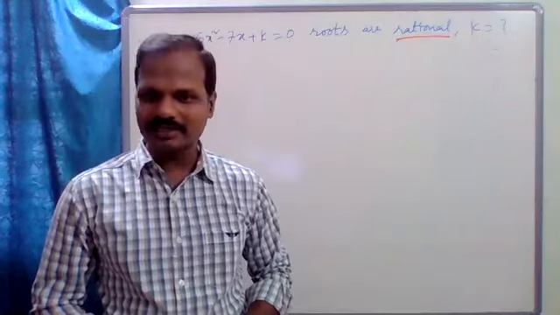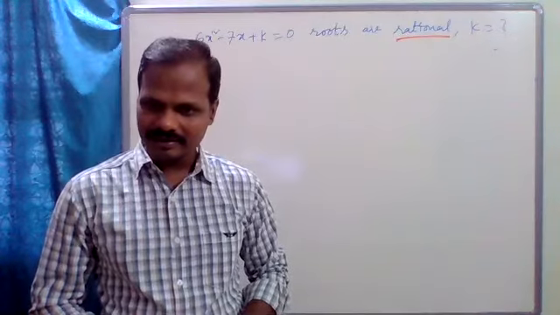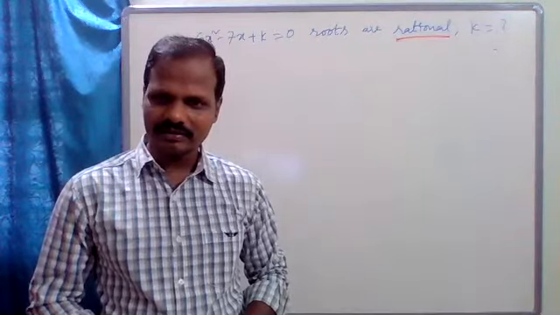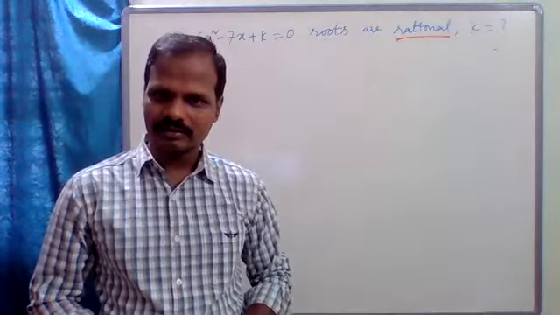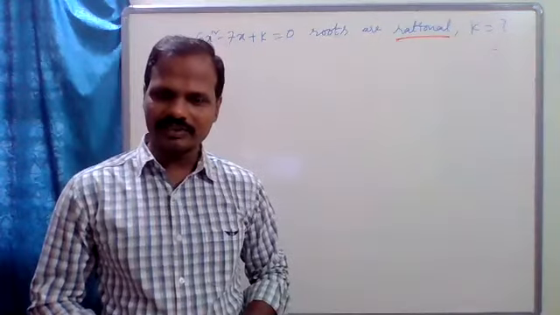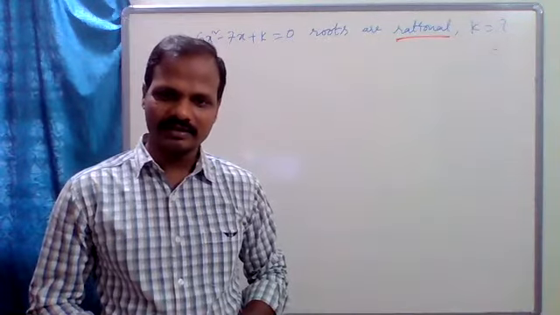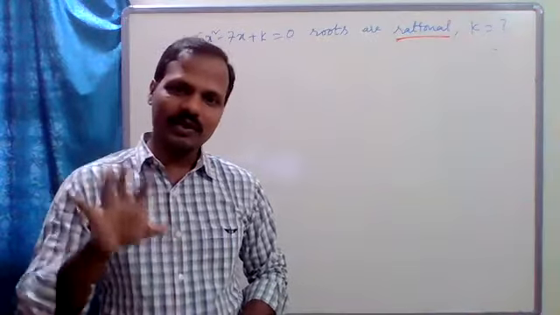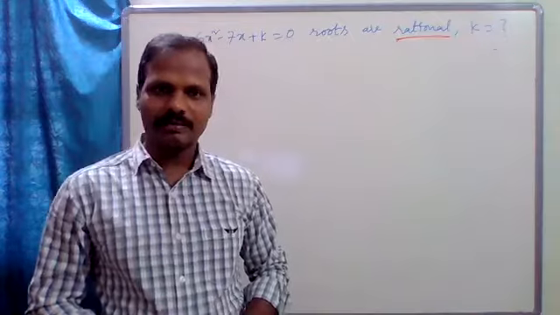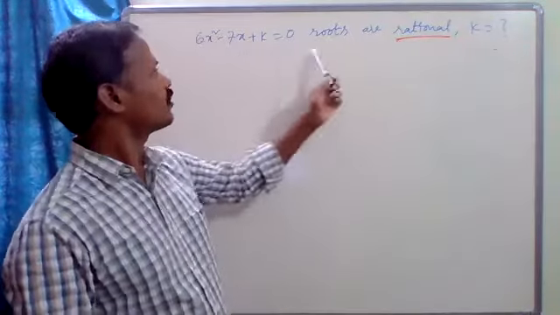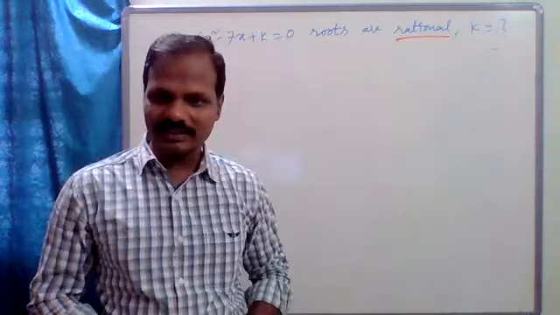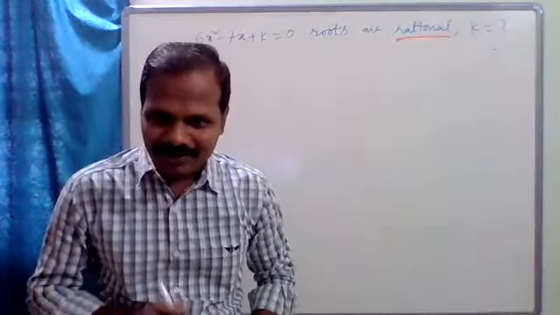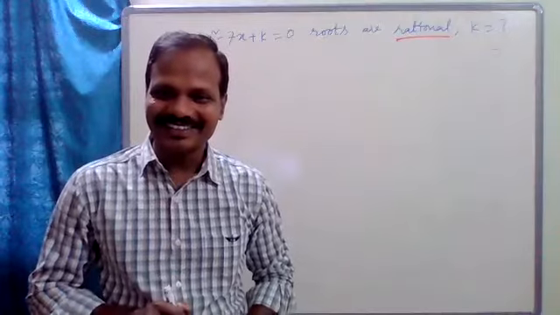No, not the quadratic equation is a perfect square. When the discriminant is zero, then the quadratic equation is a perfect square. But I gave that the roots are rational. Then which one is the perfect square?